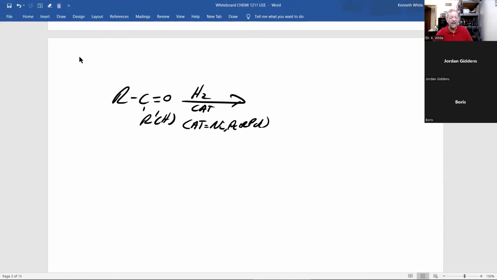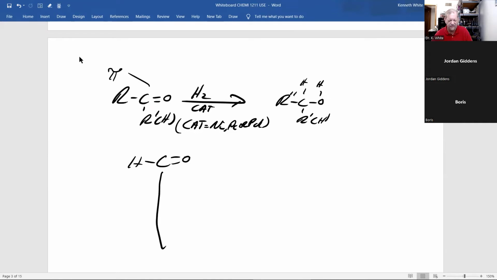And if you have a catalyst, nickel, platinum, or palladium, and hydrogen, you have a pi bond, and you can break that pi bond. And each atom of the double bond gets a hydrogen. Guess what? You can do that with glucose.